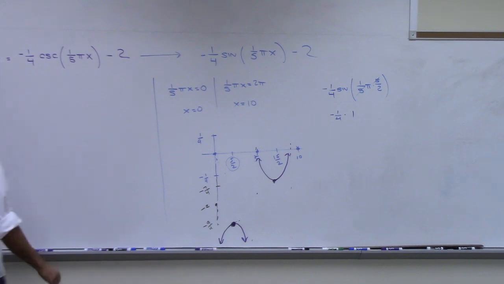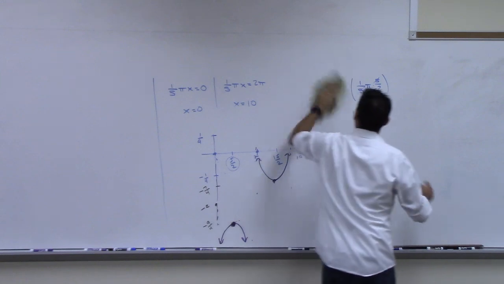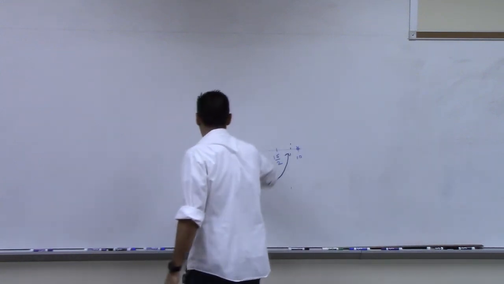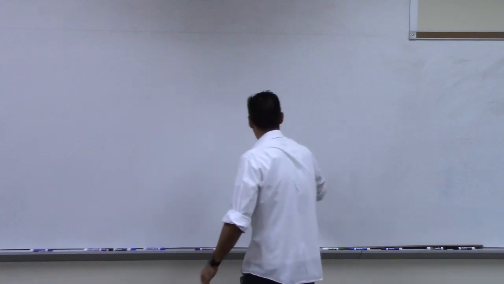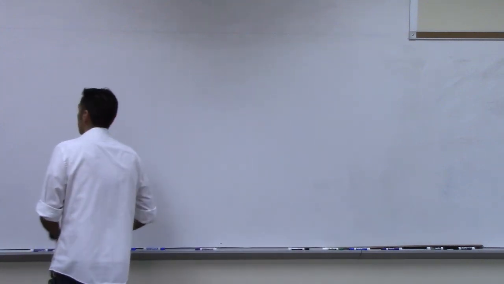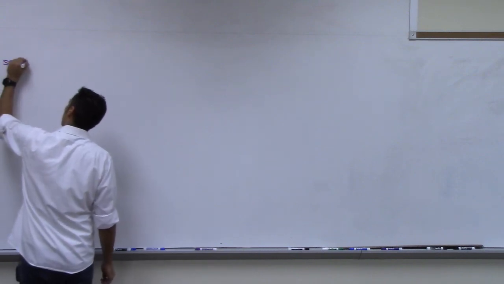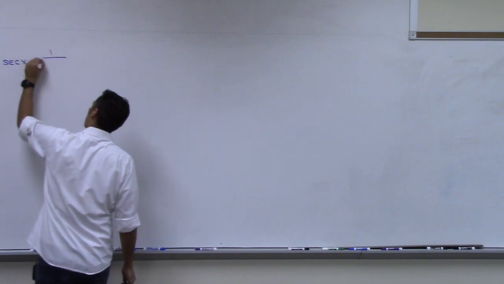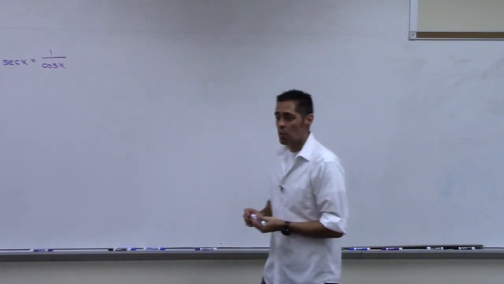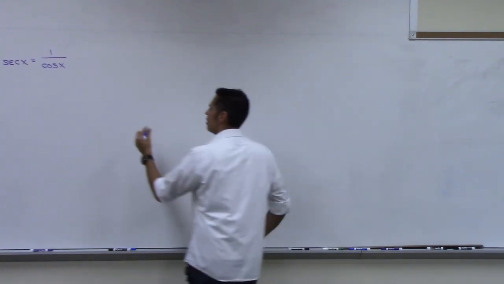All right, let's take a look at the secant function. I'm going to go a lot faster through the secant function because if you understand cosecant, secant follows through pretty well. So y equals secant of x, which is the reciprocal of cosine of x. So to try and get an idea of what it's doing, I'm going to draw cosine first.